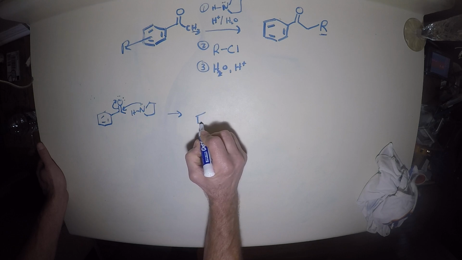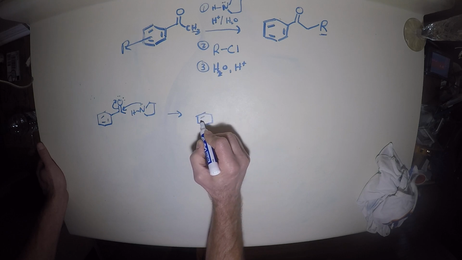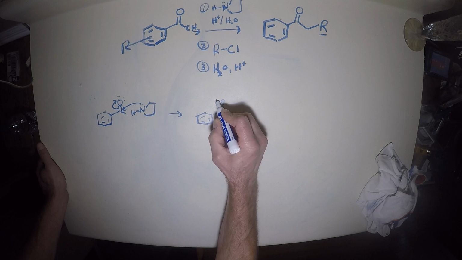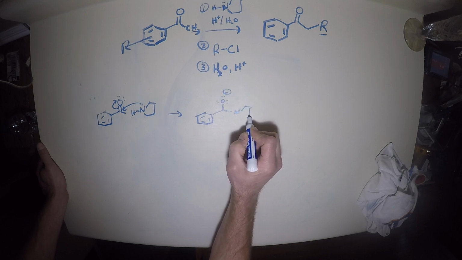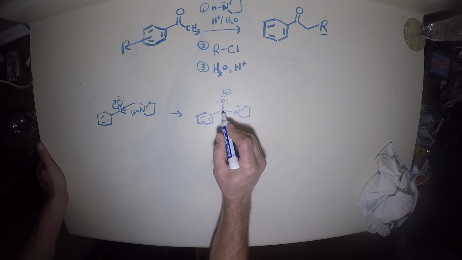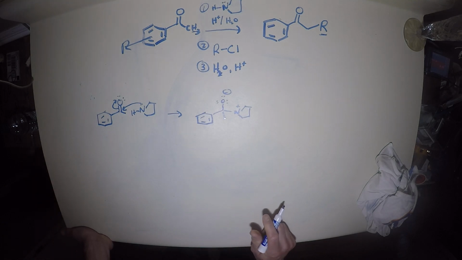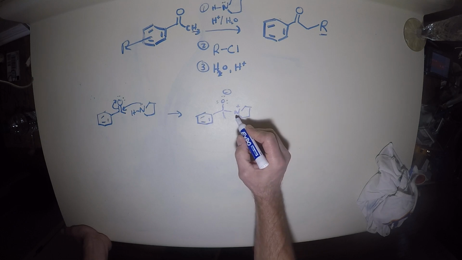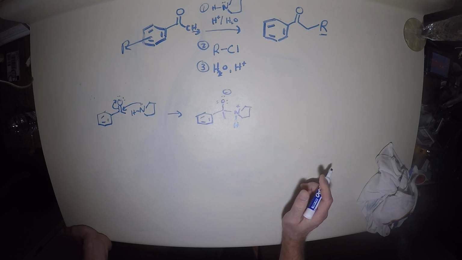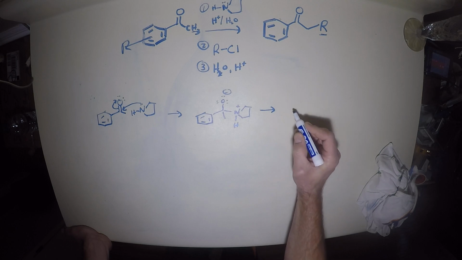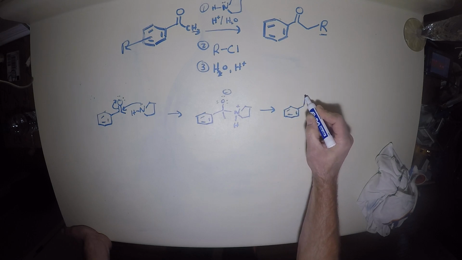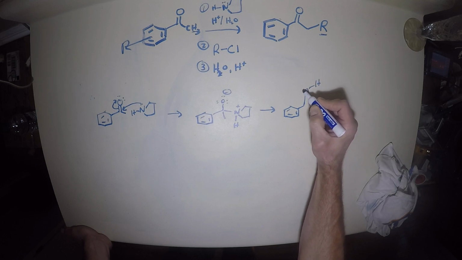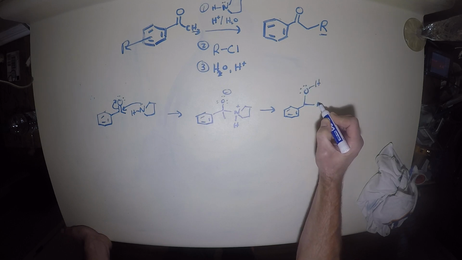This results in a species that looks like that. A (1,3) proton transfer gives a species called a carbinolamine.